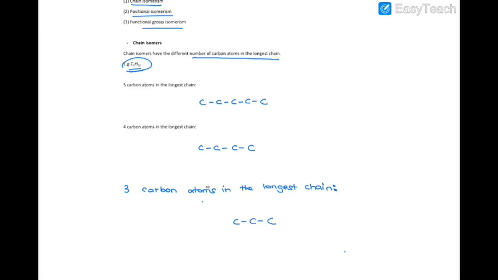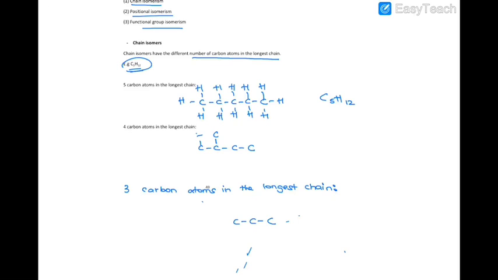So here, 5 carbons, and everywhere else will fill up with hydrogen. So this is C5H12, with 5 carbons in the longest chain: 1, 2, 3, 4, 5. Another isomer: here we have 4 carbons in the longest chain, and then 1 carbon can be on a carbon in the center.